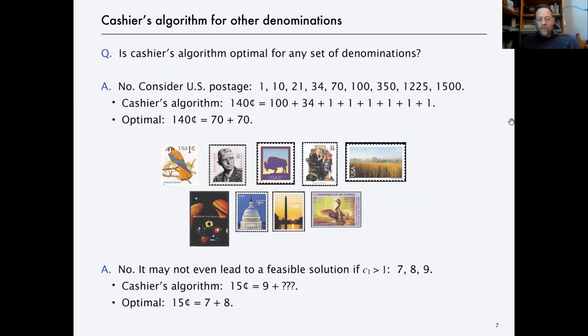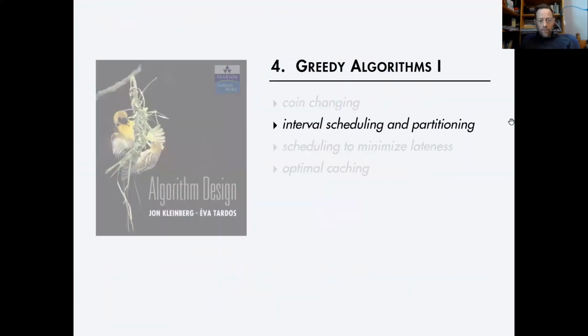We see that by looking at, for example, sending something for 140 cents. Using this algorithm, we will select 100, then 34, and then 6 one-cent stamps, while the optimal solution here is using two 70-cent stamps. So this is clearly a counterexample.